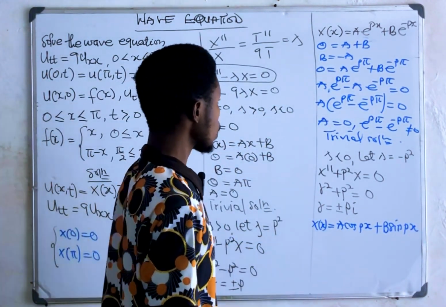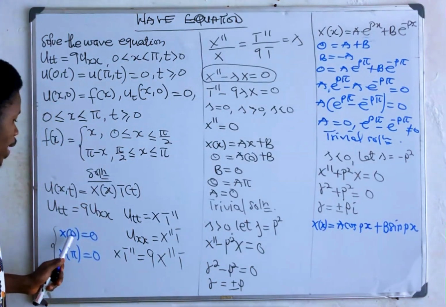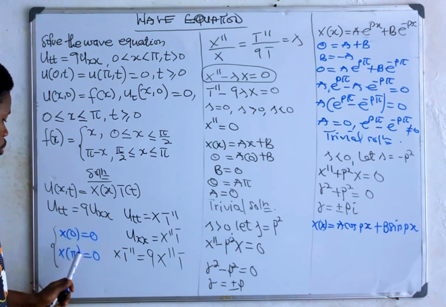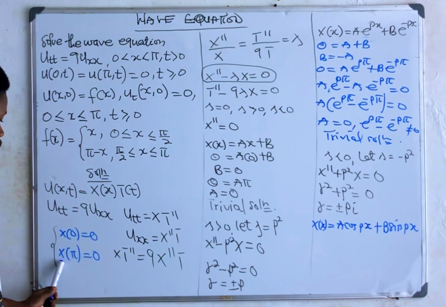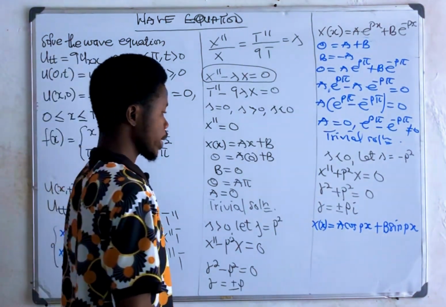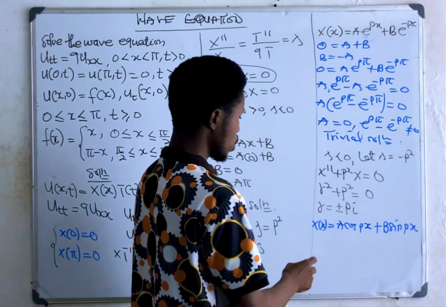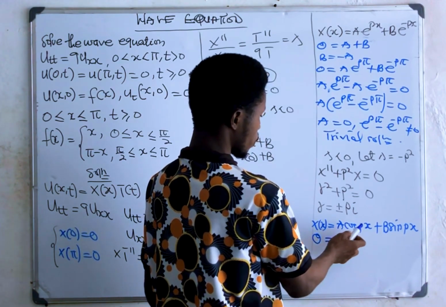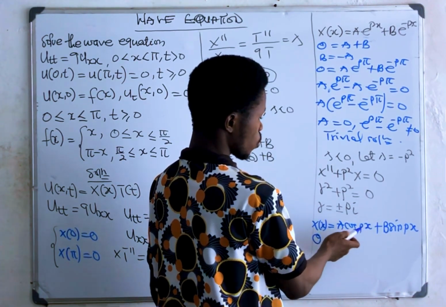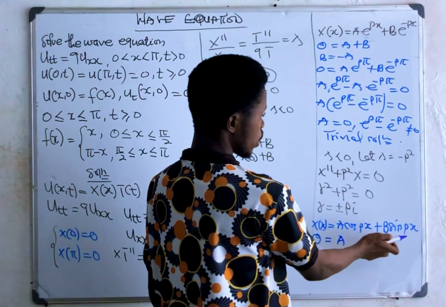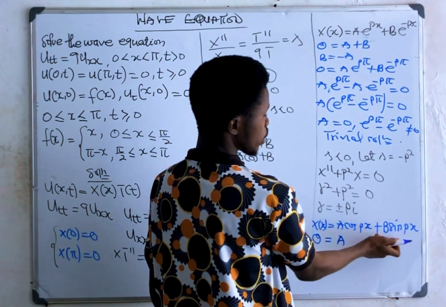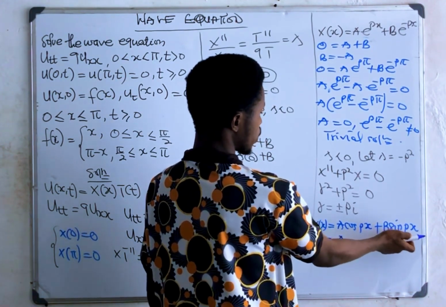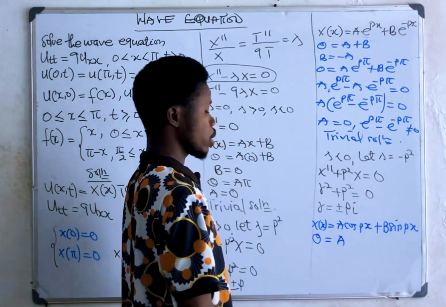Now, again, we visit this place. Small x is 0, capital X is 0. Small x is pi, capital X is 0. So let's take when x is 0, capital X is also 0. If I put 0 here, cos 0 is 1, so here will be a. If I put 0 here, sine 0 is 0, b times 0 is 0, so everything will go. It means a is 0.